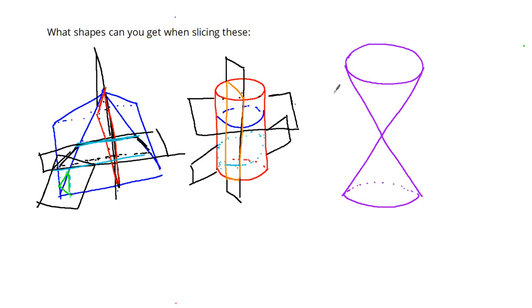However, there are certain conic sections you can get as well. For example, this conic section right here, you can guess. I hope you can guess what that is as well. So you can get those two conic sections.